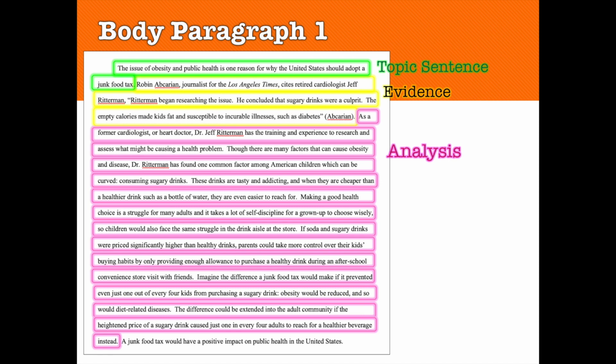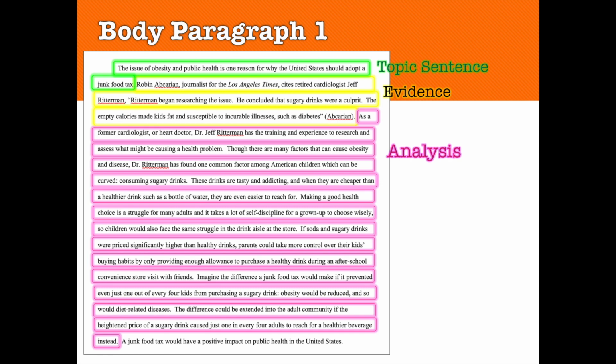Making a good health choice is a struggle for many adults, and it takes a lot of self-discipline for a grown-up to choose wisely, so children would also face the same struggle in the drink aisle at the store. If soda and sugary drinks were priced significantly higher than healthy drinks, parents could take more control over their kids' buying habits by only providing enough allowance to purchase a healthy drink during an after-school convenience store visit with friends.